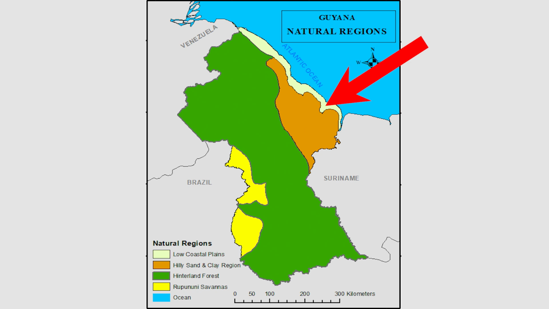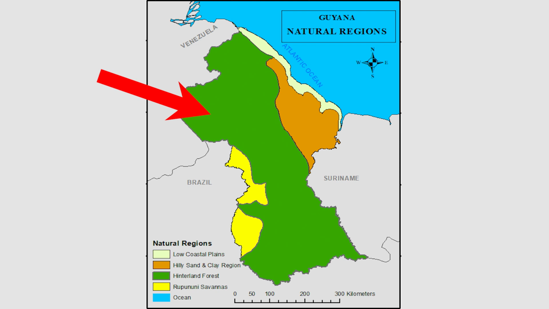Next we have the hilly sand and clay region that is located to the south and west of the low coastal plain. The highland region, also known as the Forested Highland, is in that large span of green. Yes, boys and girls, and if you notice, it occupies the majority of Guyana.